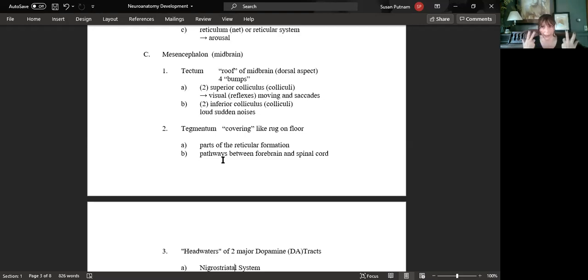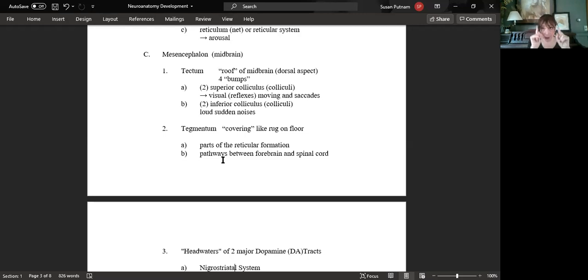So this is what I came up with to try to explain this. The tectum is at the roof of the midbrain, the dorsal aspect, and it has 4 bumps on it.